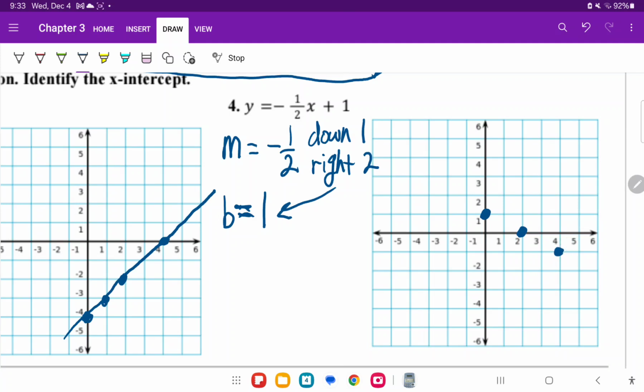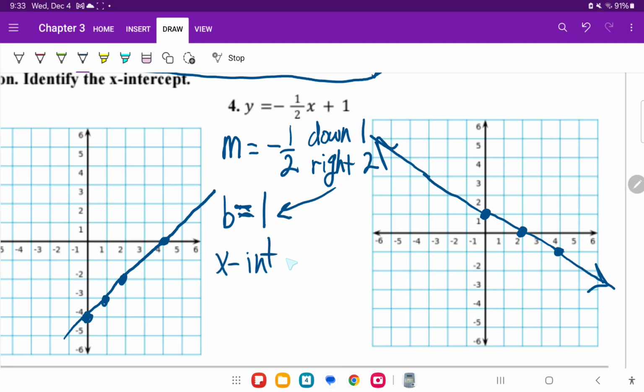Okay, so then we'll sketch our line. Then we'll go this way as well. All right, and then the other question is, where is the y-intercept? Excuse me, not the y-intercept, the x-intercept.